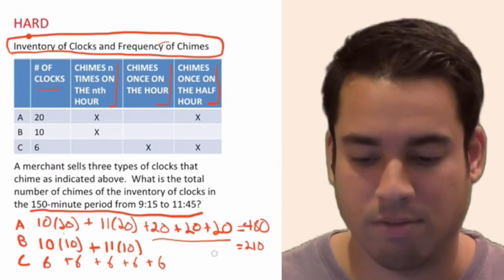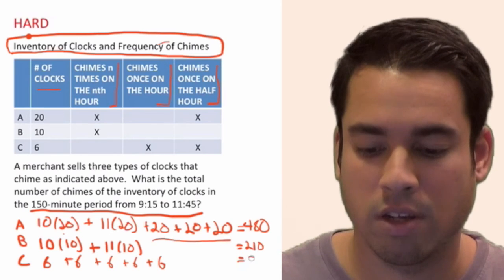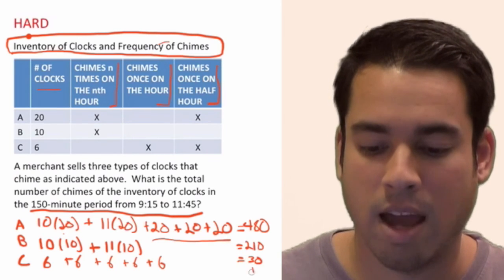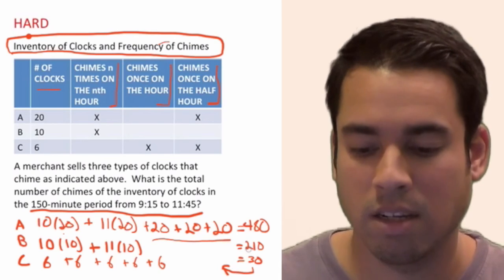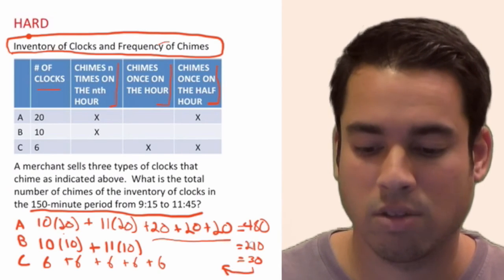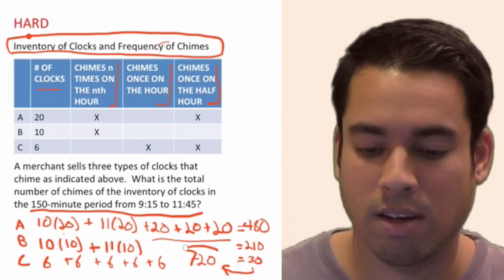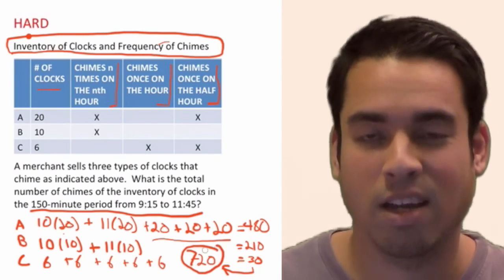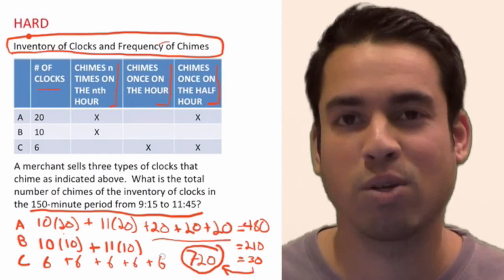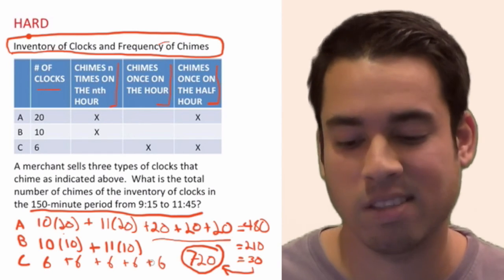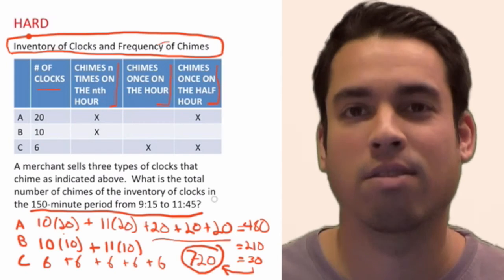And for C, we have 5 times 6, which is 30. Now if we add all these up, I'll bring it back here. We got 480, so 690, and the total chimes is 720. Again, there are no answer choices because this is a free response, one of those lovely free responses. So you just put down 720, final answer.